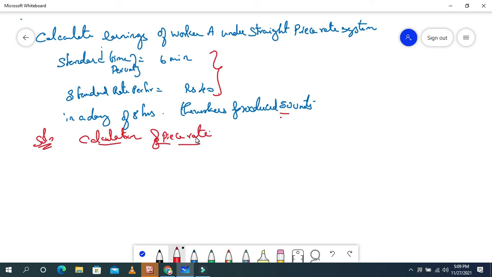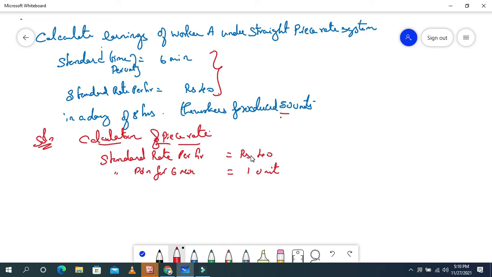First we have to mention the standard rate per hour, which is equal to rupees 40. Then standard production for 6 minutes is equal to 1 unit. So they take 6 minutes to produce 1 unit.